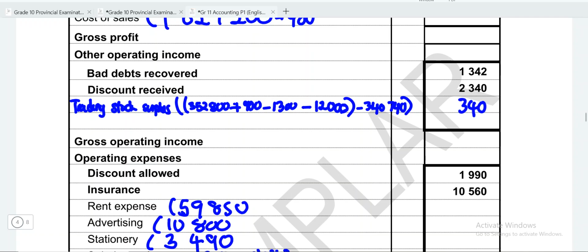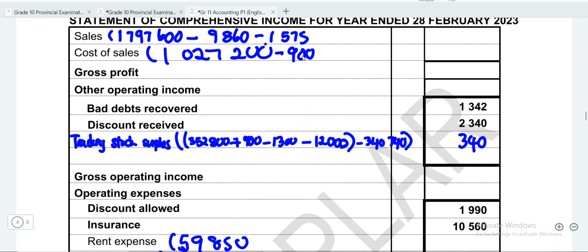This transaction has a lot of marks, and remember, it also has effects here.